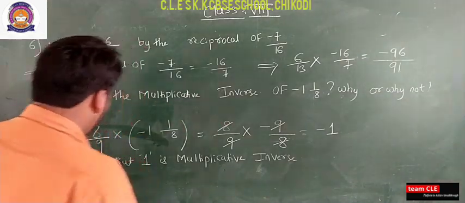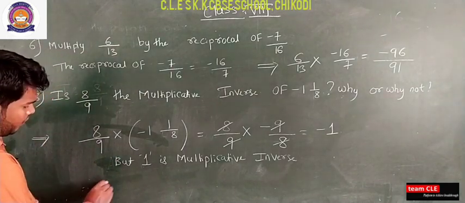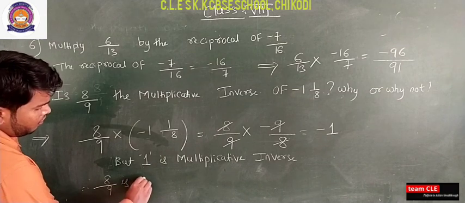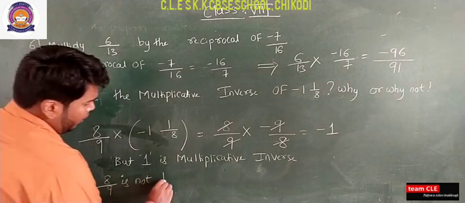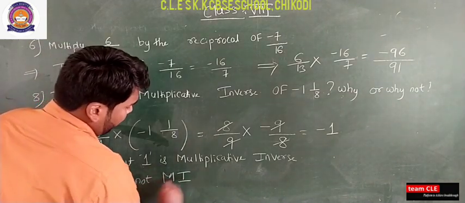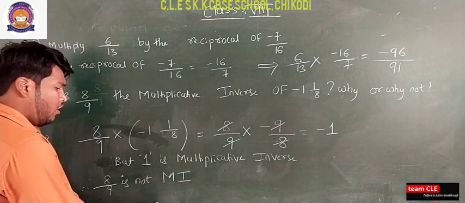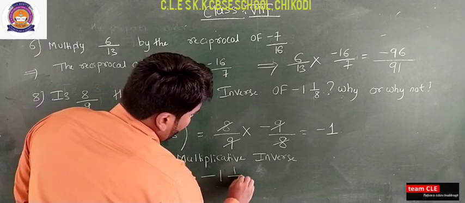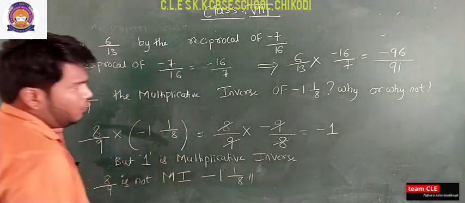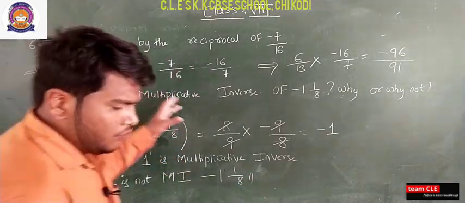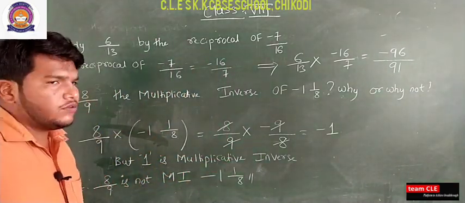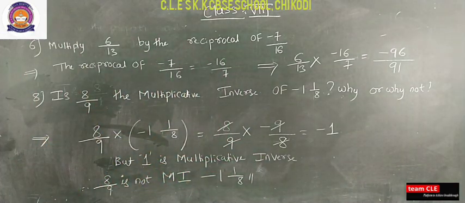Therefore you have to write the reason as 8 by 9 is not a multiplicative inverse of minus 1 integer 1 by 8. So go through this concept, and one more example is there. You have to solve it by yourself and send it to me on my WhatsApp number.